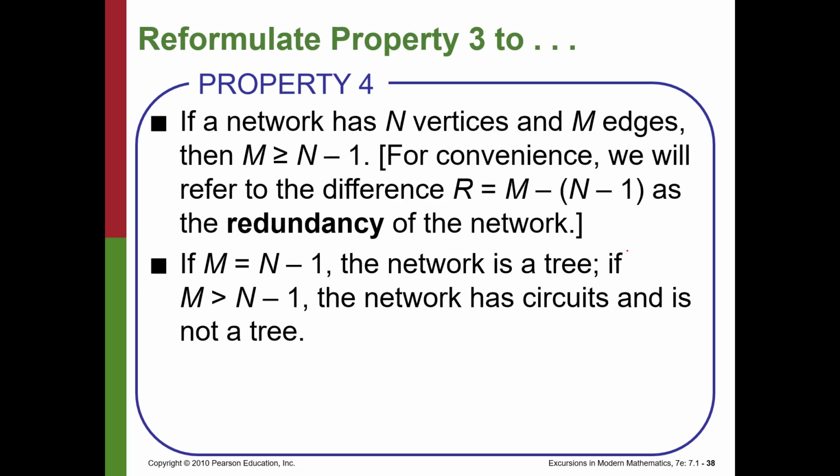For convenience, we will refer to the difference r equals m minus (n minus 1) as the redundancy of the network. The redundancy keeps track of how many extra edges you have beyond what's needed to be connected. If m equals n minus 1, the network is a tree. If m is greater than n minus 1, the network has circuits and is not a tree. So the redundancy helps us keep track of what are trees and what are not trees.